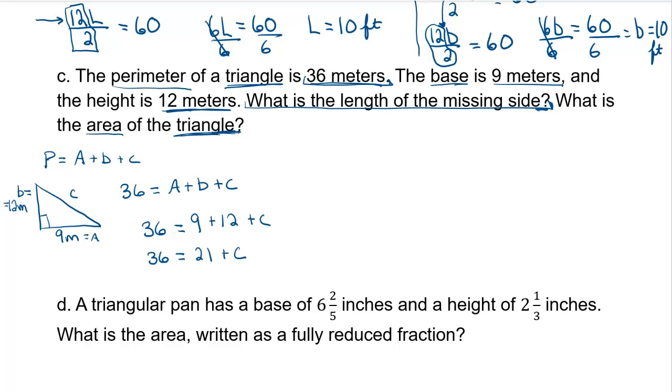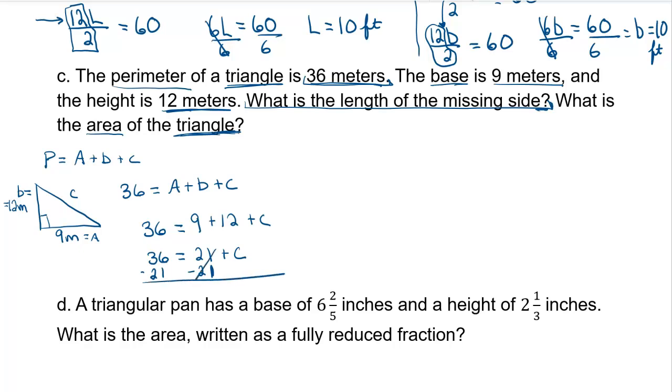So now I need to combine like terms across the equal sign. Well, I do that by the opposite function. The opposite function for adding and subtracting is really the opposite sign of the number that you're moving. So since we have a positive 21, we need to take away 21, and we do that from both sides.